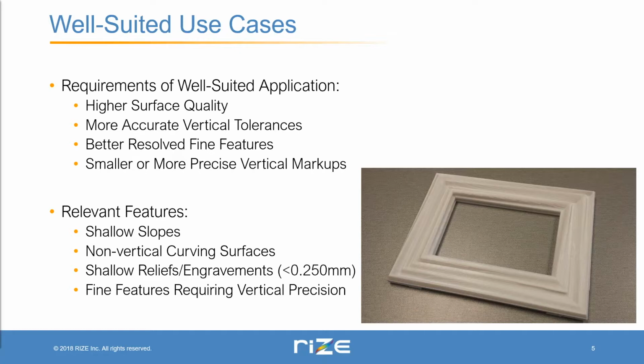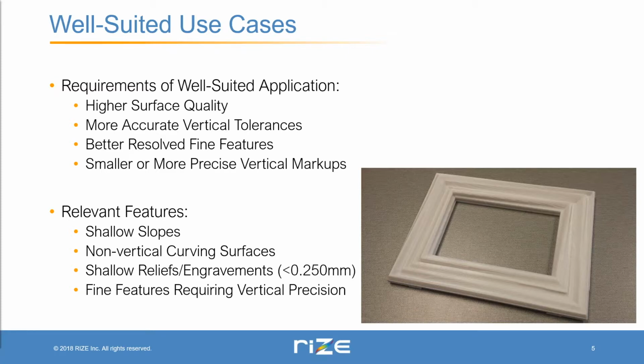Now, notice that all of these are comparisons: higher, more accurate, better, smaller. There's no absolute definition of where fine and standard resolution should be used. It should always be a comparison between what you're able to achieve with standard and what you actually need to achieve.